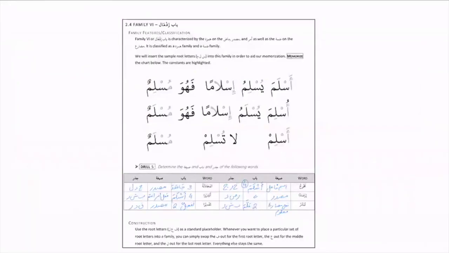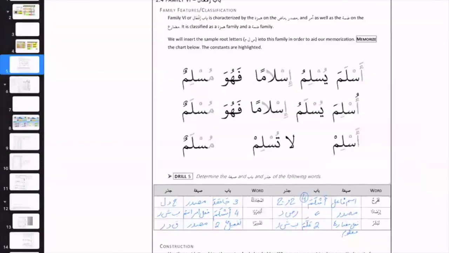Okay, so let's say it a couple of times. Aslama Yuslimu Islaman Fahuwa Muslimun. Uslima Yuslamu Islaman Fahuwa Muslamun. Al-amru minhu aslim wa nahi anhu la tuslim wa zarfu minhu muslamun. One more time.